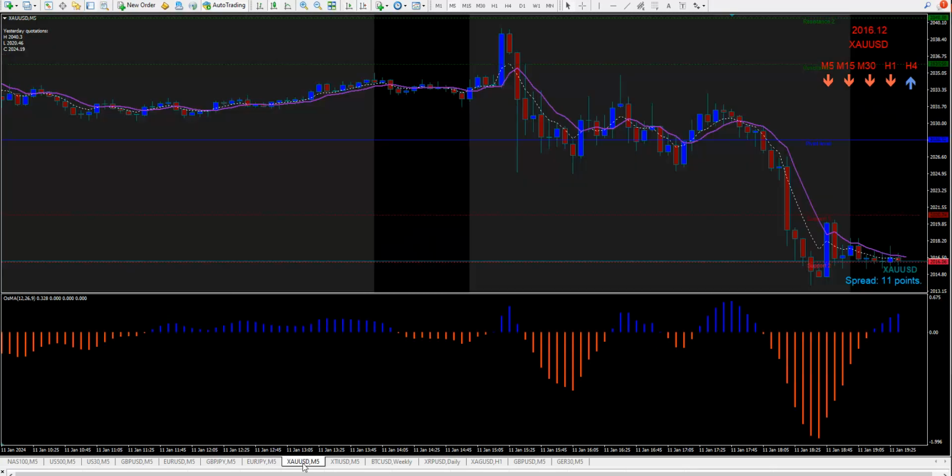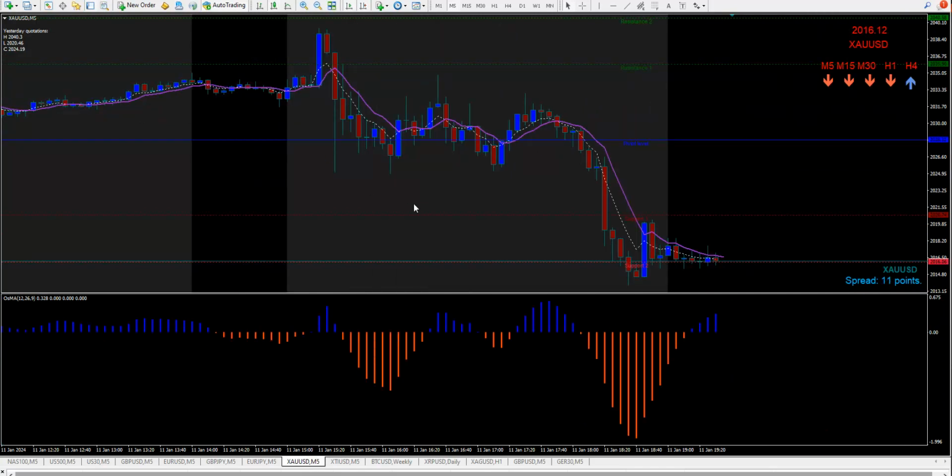Let's look at gold. Looks like a usual gold day to me. But there was divergence. Do you see it? Do you see it?